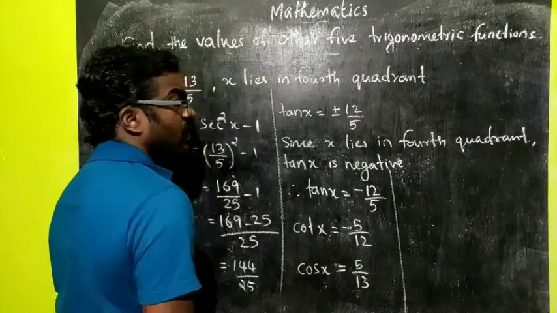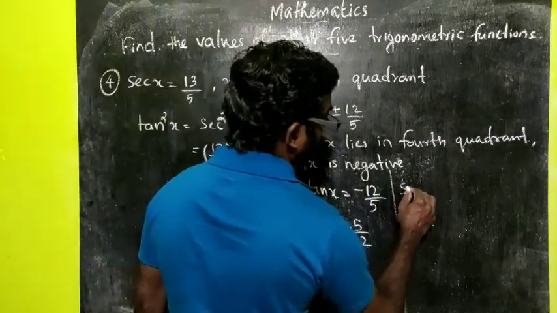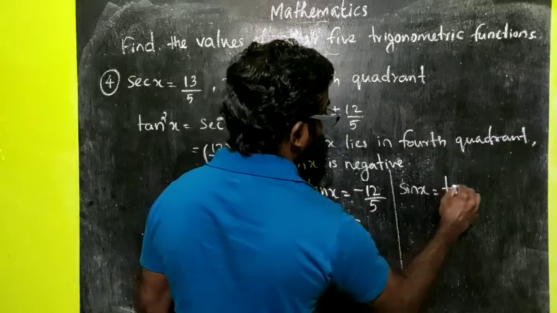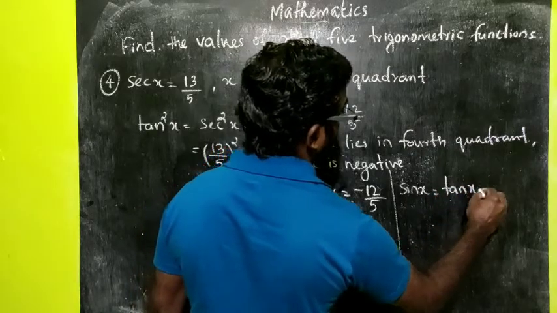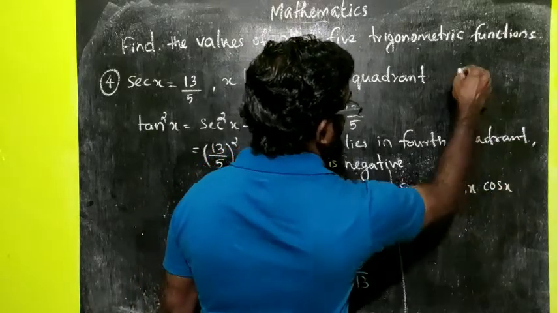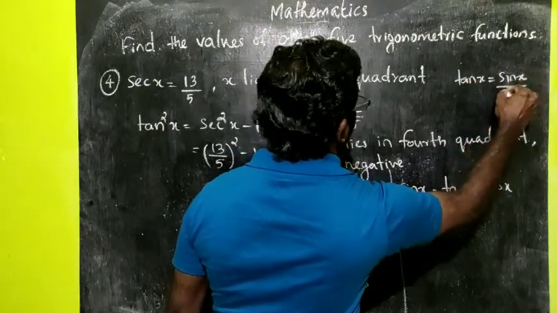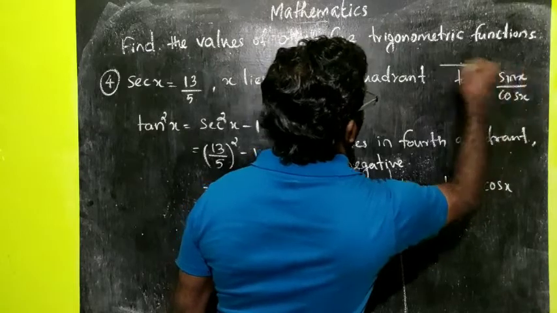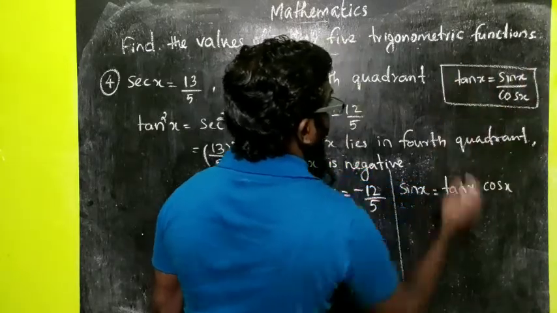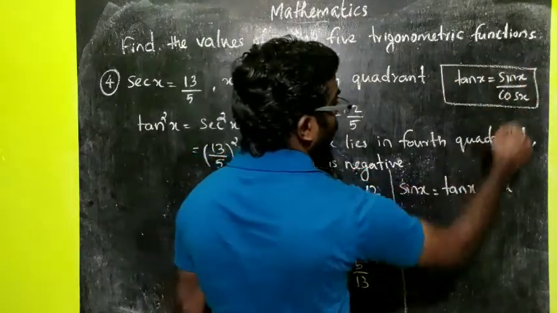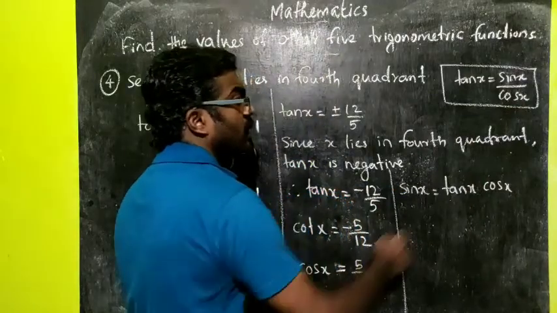And now we can find sin x. Sin x can be written as tan x into cos x. Tan x is what? Sin x by cos x. So if we multiply tan x by cos x, this cos x and cos x cancel. What we get? Sin x.